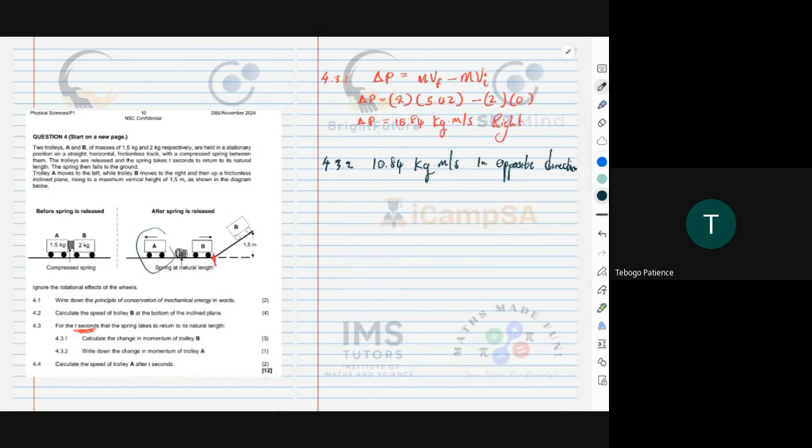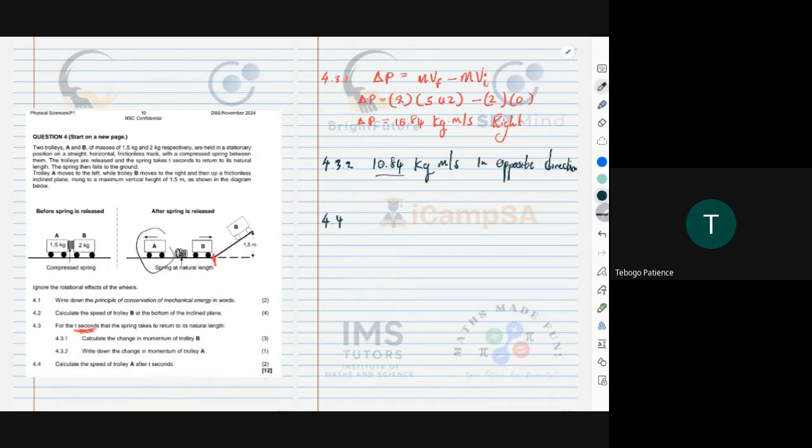Okay, let's do the last part and call it a day. 4.4. Calculate the speed of trolley A after T seconds. How do we calculate this?